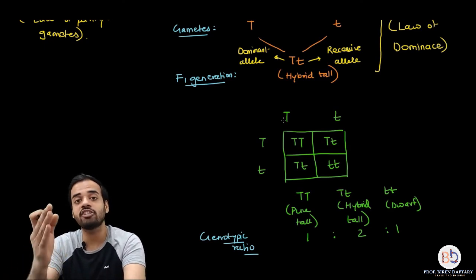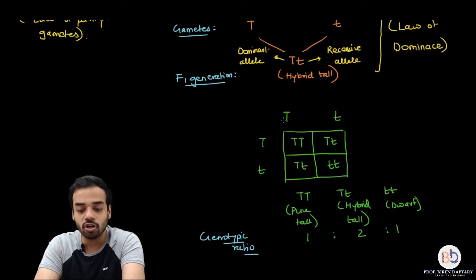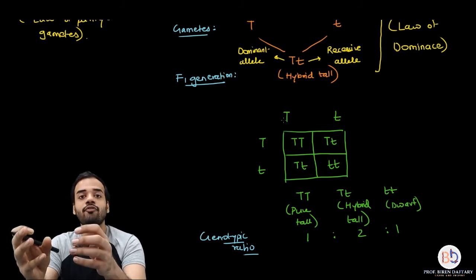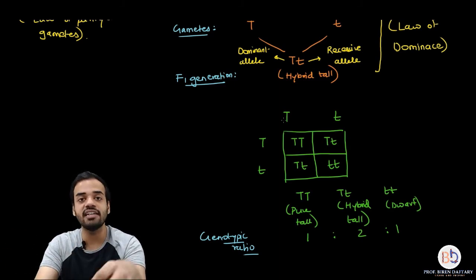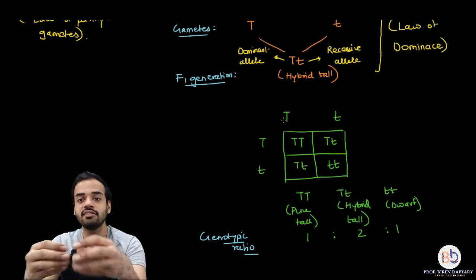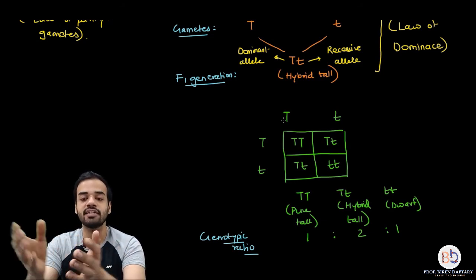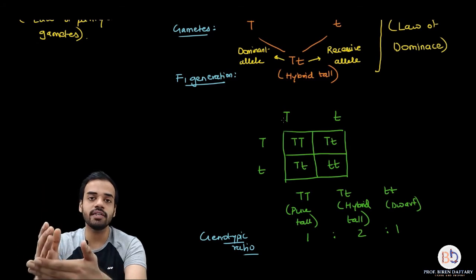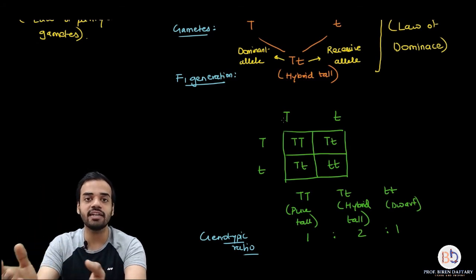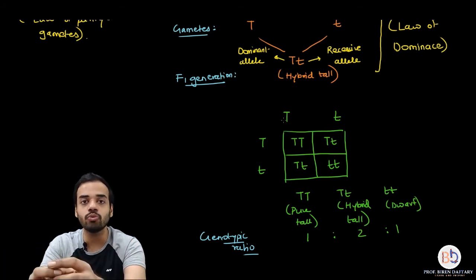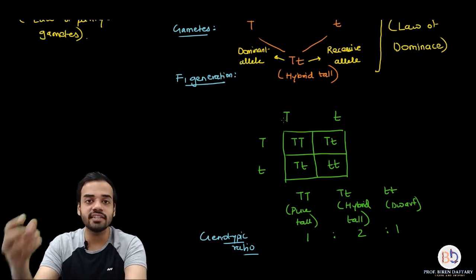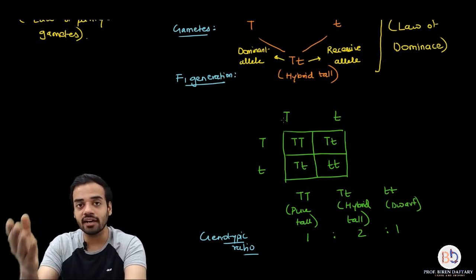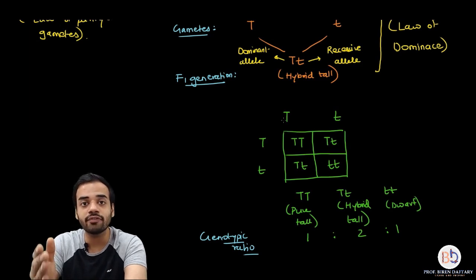It is also called as law of purity of gametes, because the gametes are formed because of separation of alleles. The alleles are not remaining stuck together. See, if you see the hybrid, you will see that capital T small t both are there together, and the dominant allele is showing its effect, but that doesn't mean that they have got stuck to each other. During gamete formation, because there is segregation of alleles, you are getting an individual which is dwarf in the F2 generation.